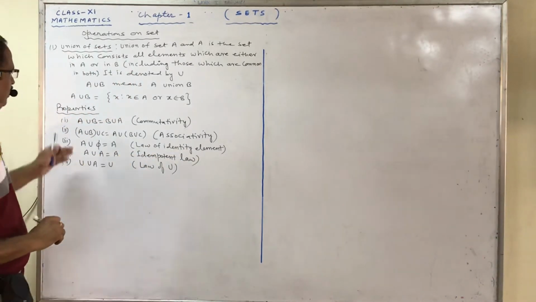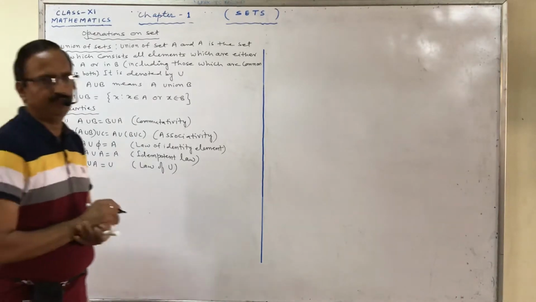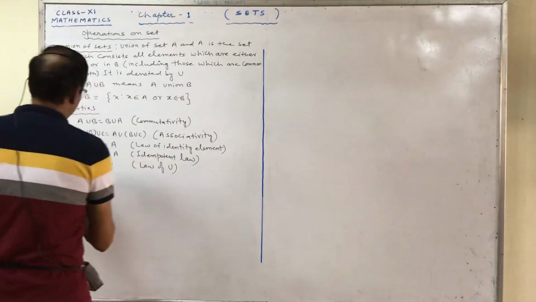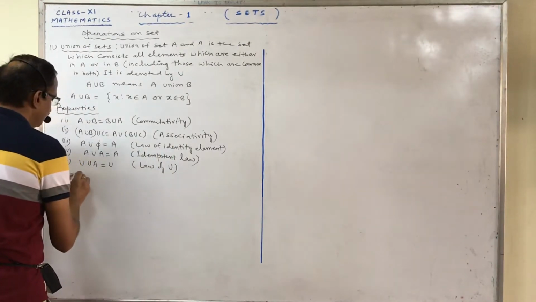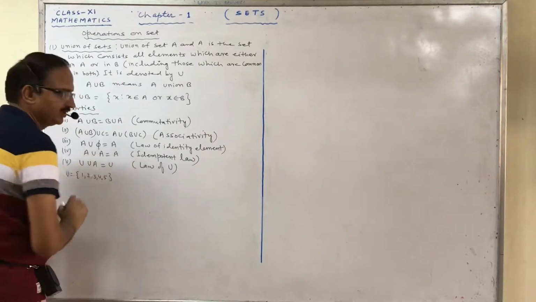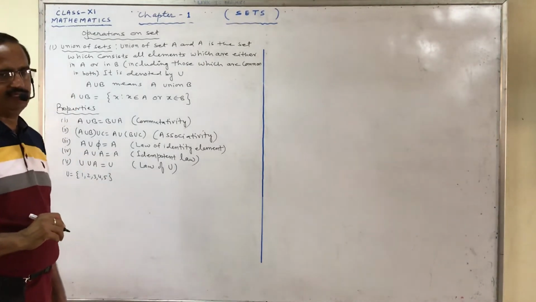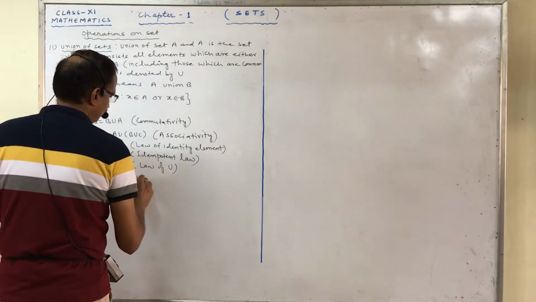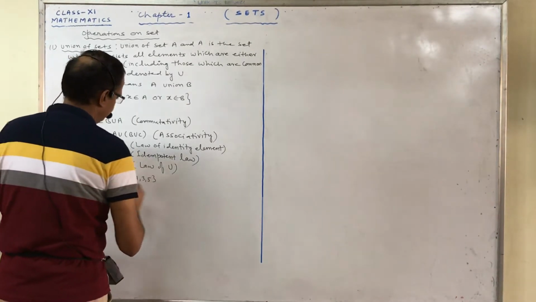We can prove these also by taking an example. Suppose I am taking U as {1, 2, 3, 4, 5} and A is a set containing 1, 3, 5.